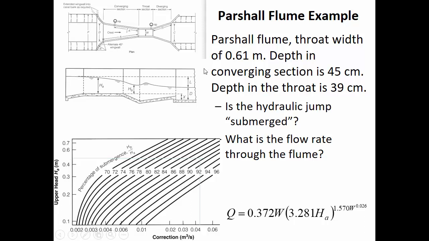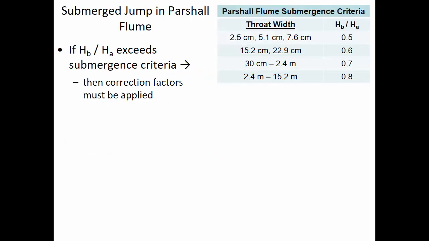And if the channel downstream isn't conveying the flow away from the flume fast enough, it can interfere with the hydraulic jump. And so the reason why we're measuring H sub B is to find out if the hydraulic jump is submerged. And so the slide that I showed you previously was submergence criteria.